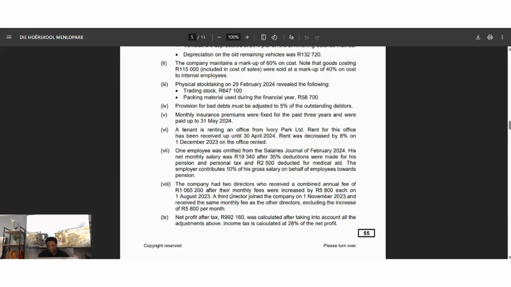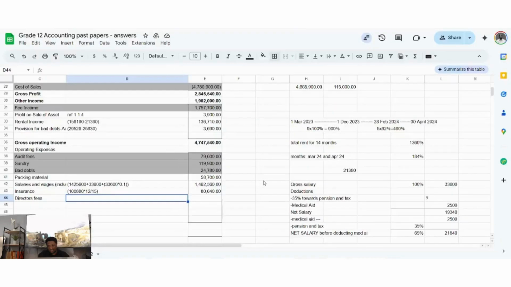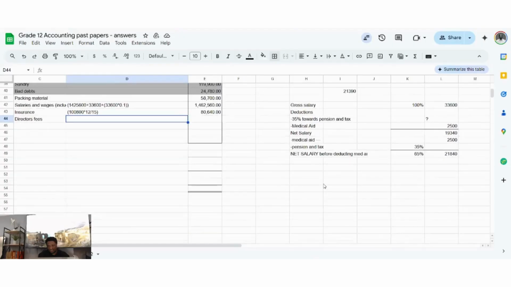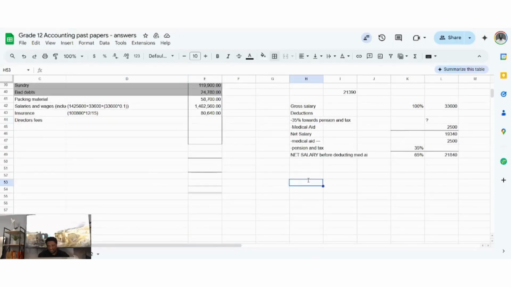Okay, so let's think about the first 2 directors, which is slightly a bit more straightforward. So let's start with the 2 directors. They earned, and remember that we want to look at earn when we look at income. So they earned an amount of 1,065,200, and then we want to look at one director.